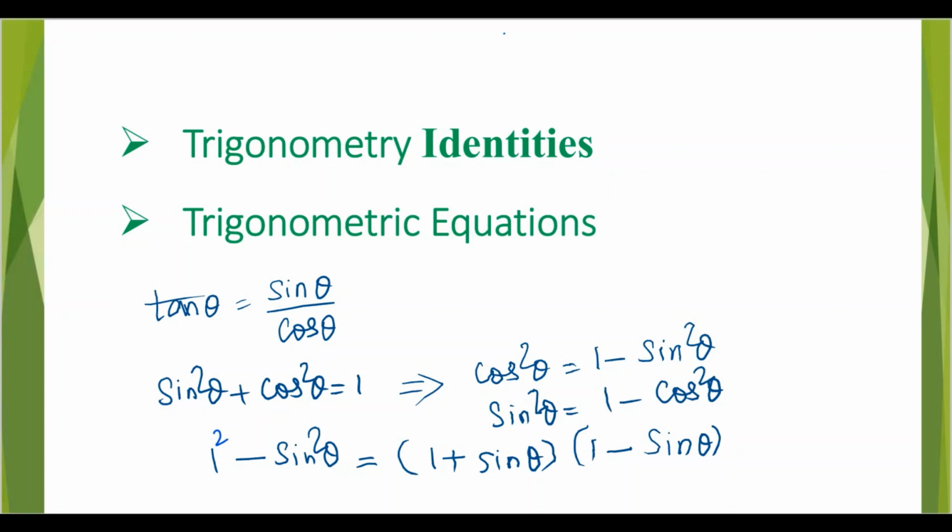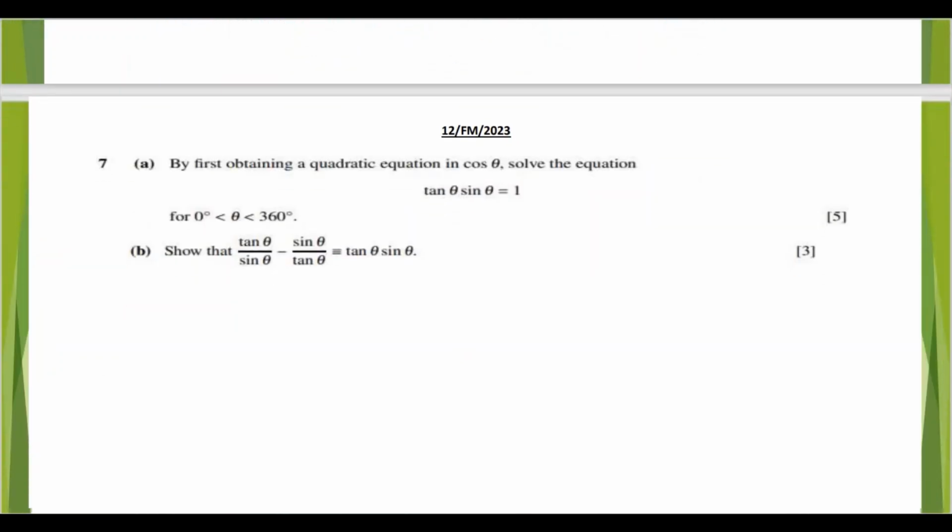Okay, now we will look into the trigonometric question from February-March 2023. By first obtaining a quadratic equation in cos theta, solve the equation tan theta multiplied by sin theta equals 1.